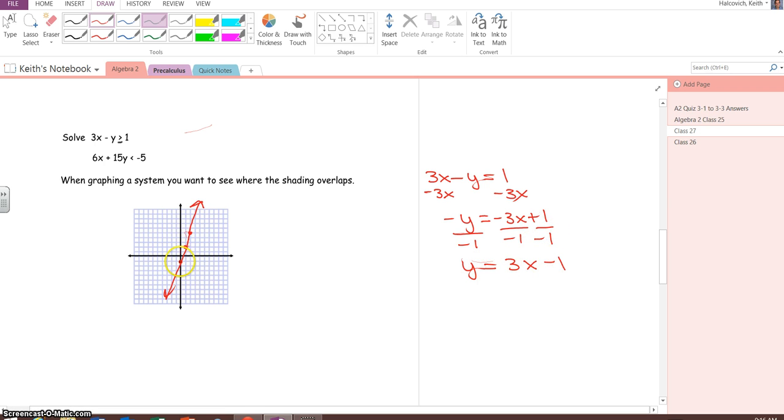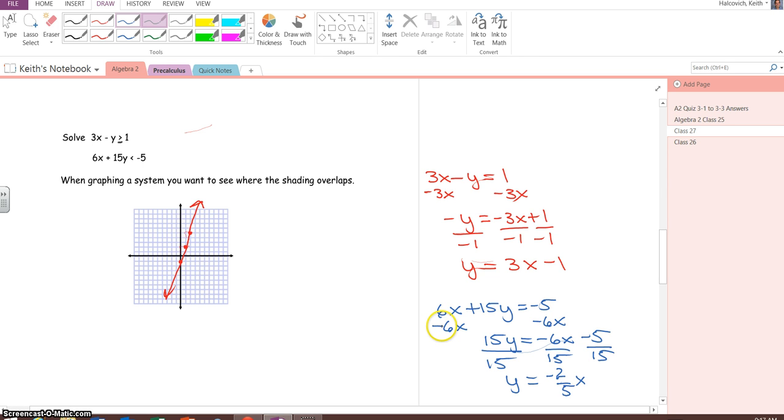For our next line, 6x plus 15y less than negative 5. We'll move the 6x over. So we get 15y equals negative 6x minus 5. Divide by 15. So you get y equals, when you reduce the fraction, negative 2/5 x minus 1/3.